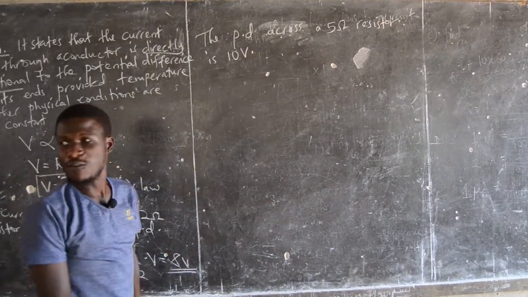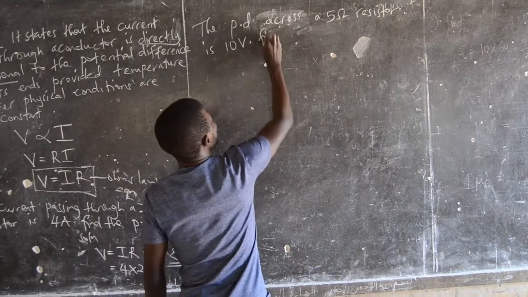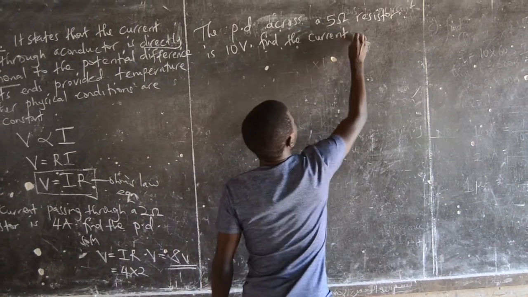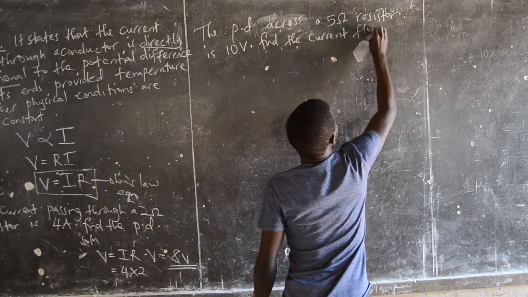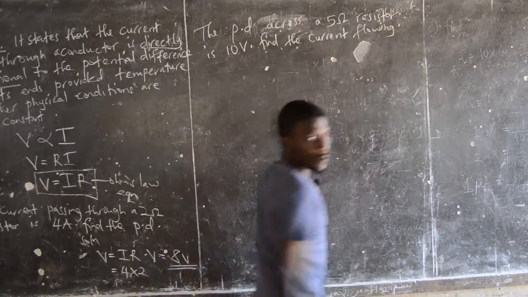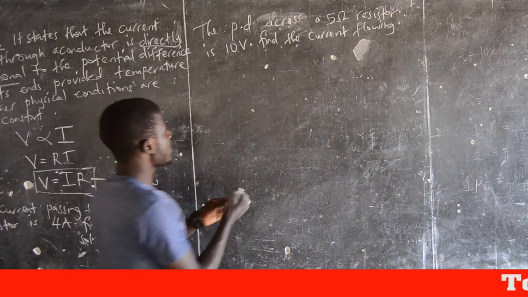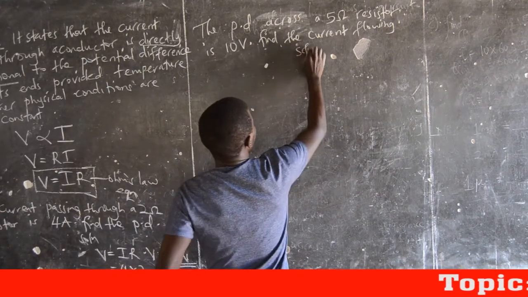Then they ask you a question: find the current flowing through that resistor. What do you do in that case? You come here, you say solution.